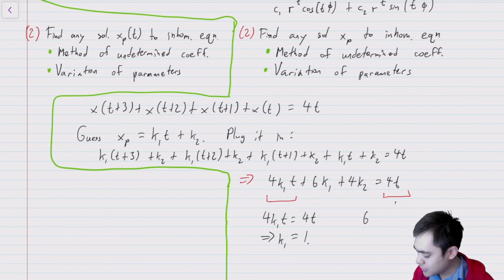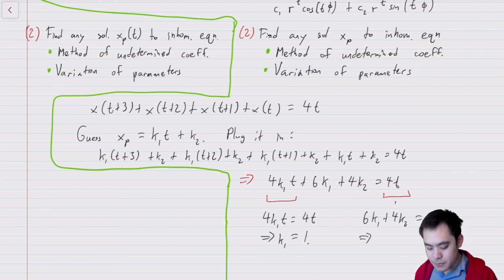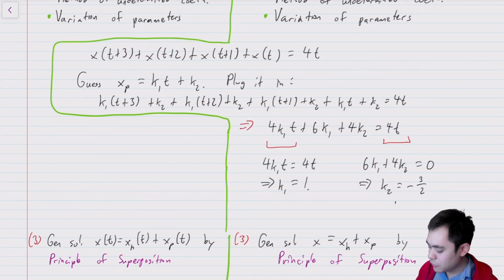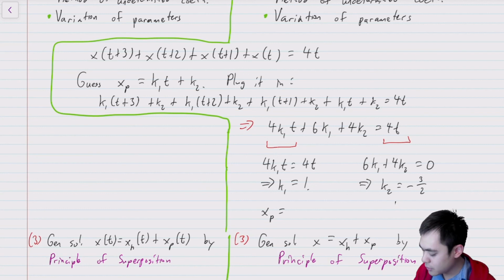And we also have that 6k1 plus 4k2 is equal to 0. Well, we know that k1 is equal to 1, which then implies that k2 is equal to minus 3 halves. So therefore, we have a particular solution, xp equal to t minus 3 halves.